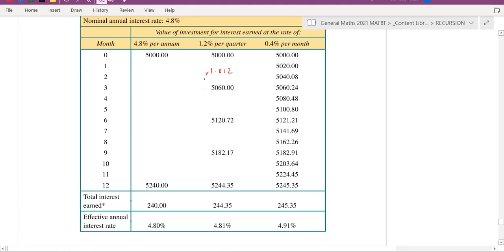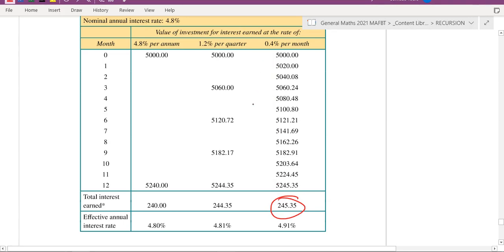Okay, and what you'll see is that by the time you get to the 12th month, this is how much interest has been gained, and the effective rate is 4.81 compared to the original 4.8. Okay, but if it was compounded per month, you can see that it's a 0.4% increase, and that means that if it's increasing at 0.4% each month, it's definitely less than per quarter, but because of the increased frequency in compounds, you'll find that effectively you get a little bit more money.